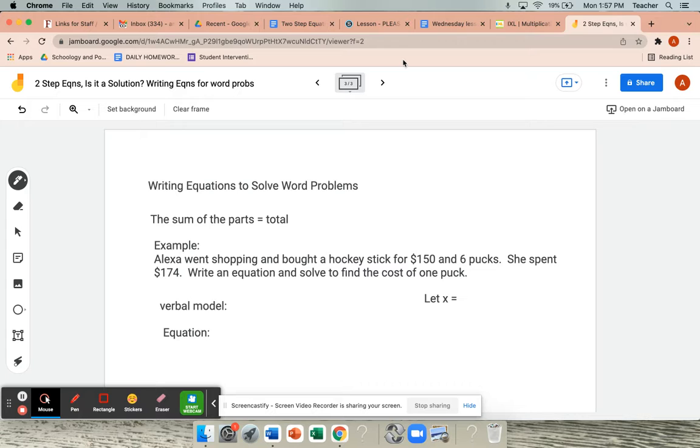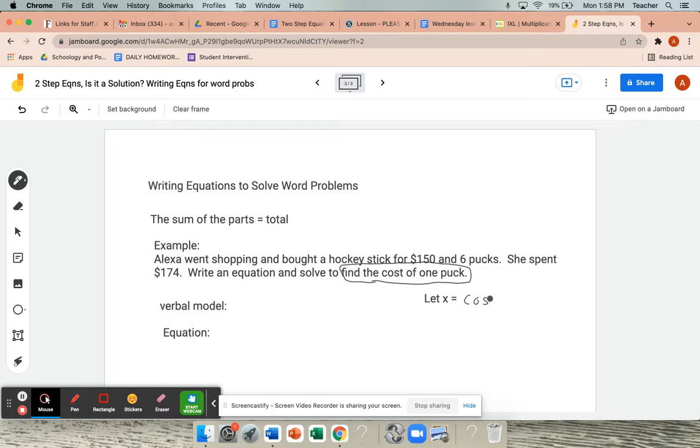You'll see one of them I do for you on the homework, and then you have two others to fill in. In this case, Alexa went shopping and bought a hockey stick for $150 and 6 pucks. She spent $174. Write an equation and solve to find the cost of one puck. So our x is what we're trying to find.